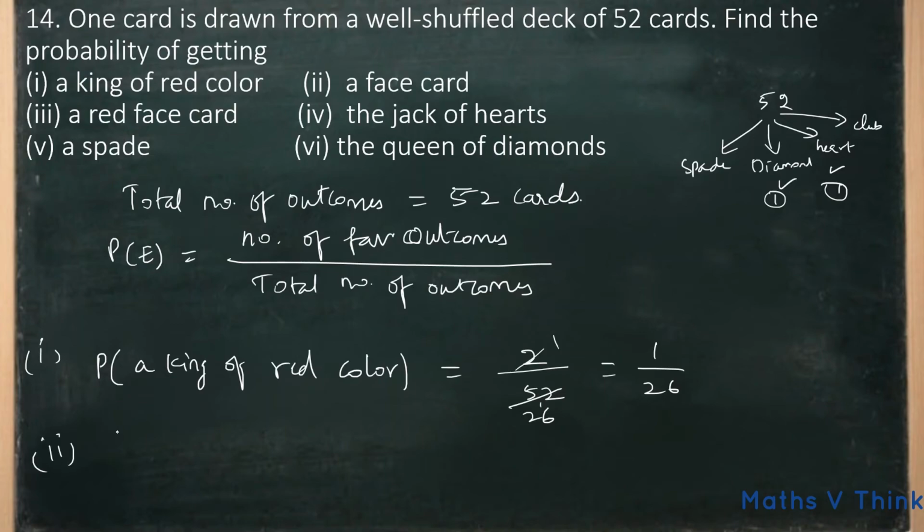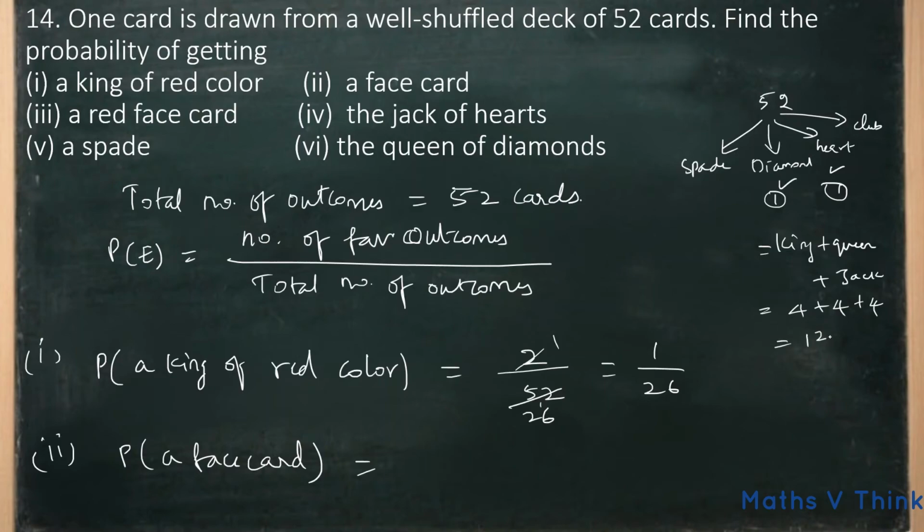The second one is a face card. So the probability of a face card. A face card is nothing but king, queen, and jack. So in the total cards, there are 4 kings, 4 queens, and 4 jacks, which is equal to 12 cards.